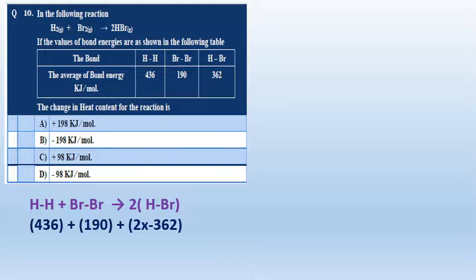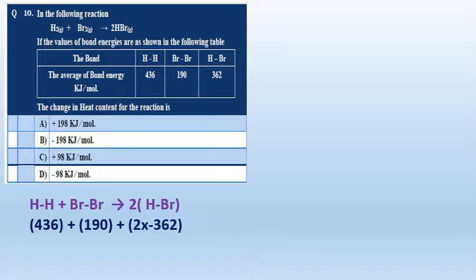Plus, pay attention, here I have 2 bonds of HBr, but HBr is in the product, so I must use its bond energy with a negative sign.